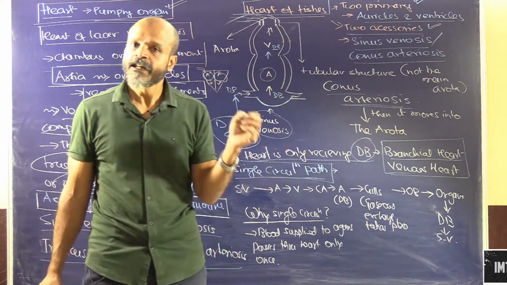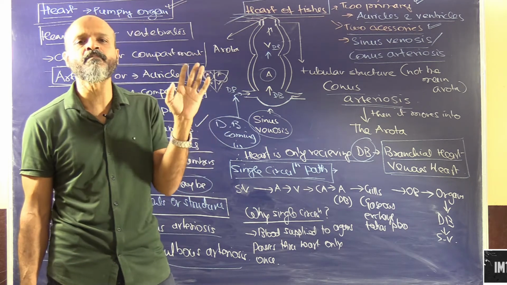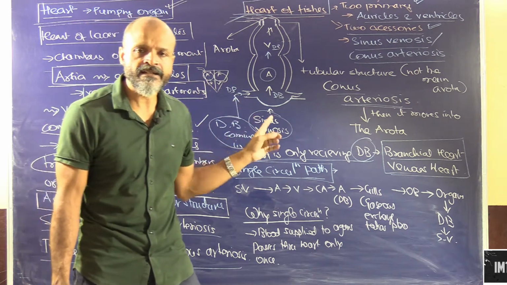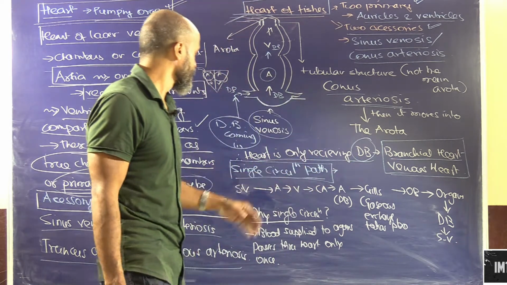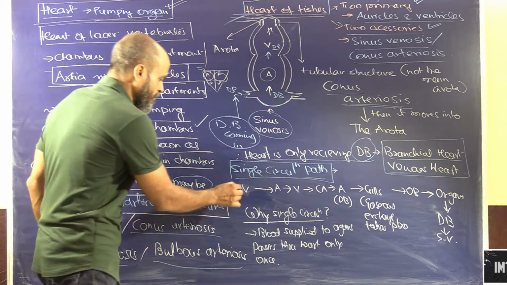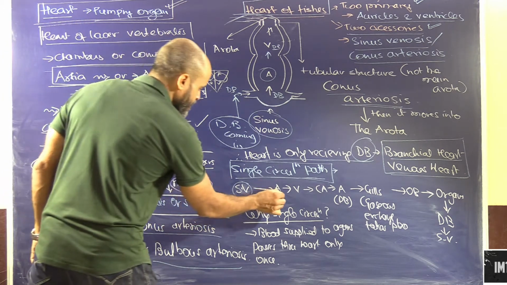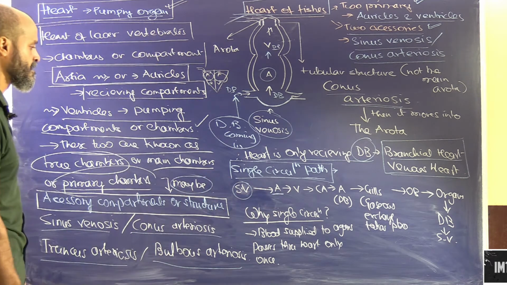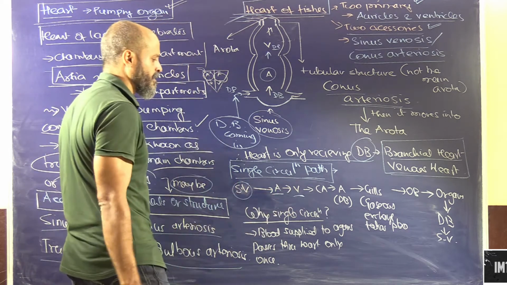In fishes, it's only the deoxygenated blood which enters, and it's only the deoxygenated blood which exits, and hence it is known as single circulatory system. Okay, so from the sinus venosus, it enters the auricles, and from the auricles it passes on to the ventricles.